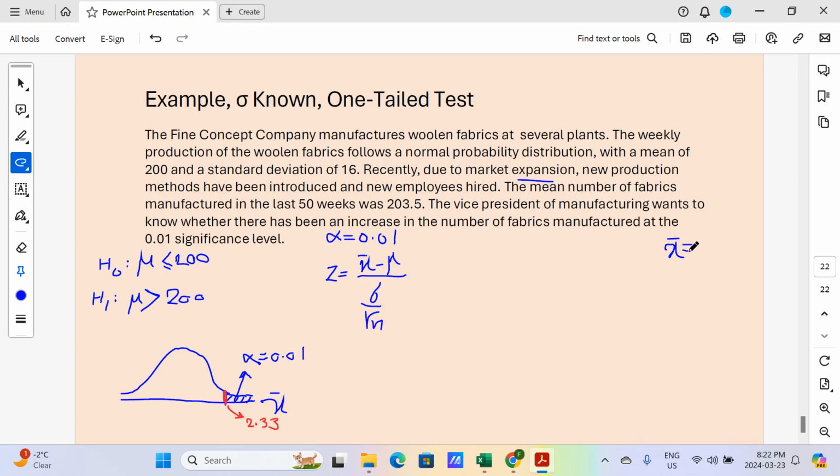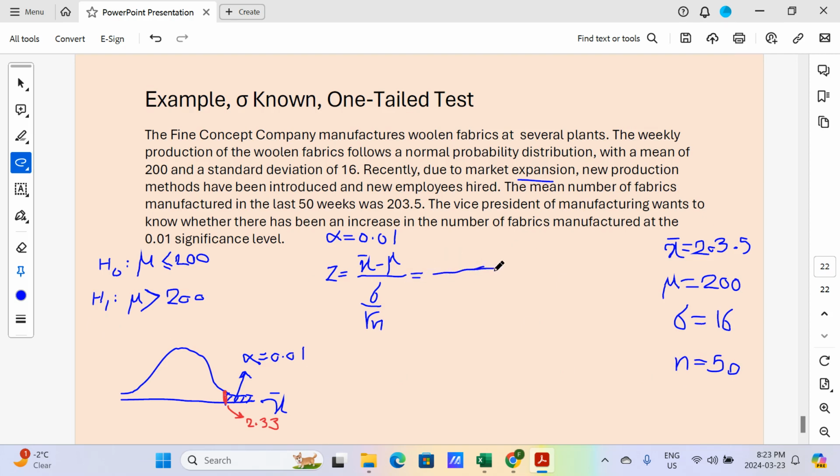The sample mean was 203.5. Mu, the population mean, is 200. Sigma is 16. And n is 50. We have a sample of 50 weeks. So I just need to replace the numbers here.